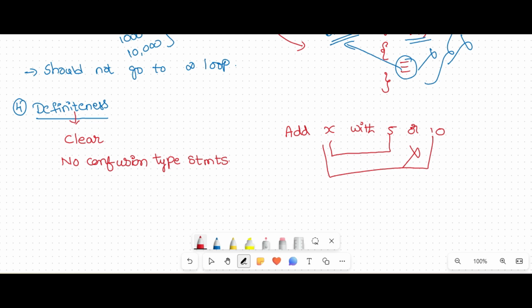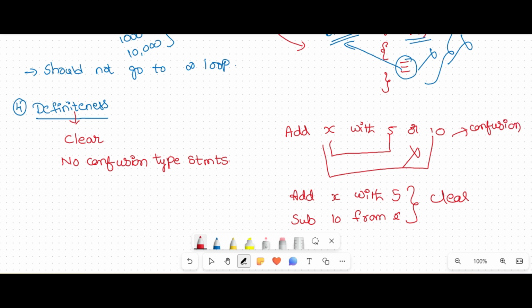These type of statements should not be written in an algorithm. What we have to write is like add x with 5 or subtract 10 from x. Like that, the statements should be clear.